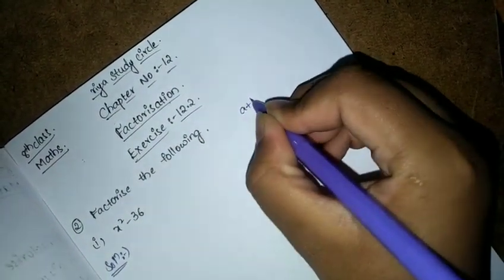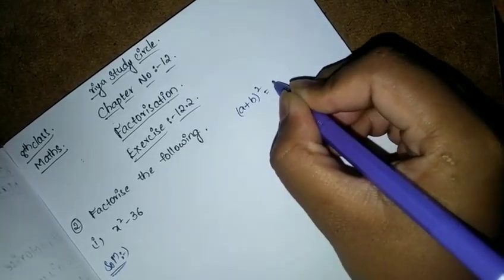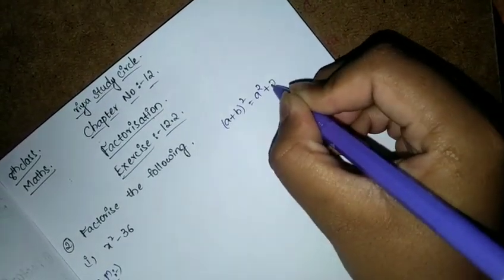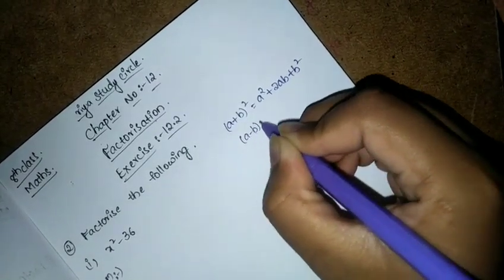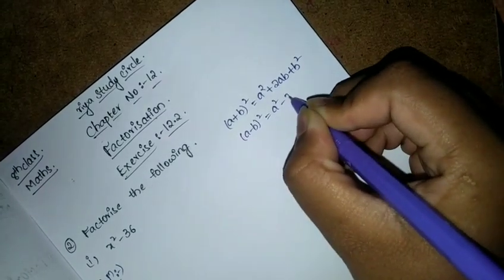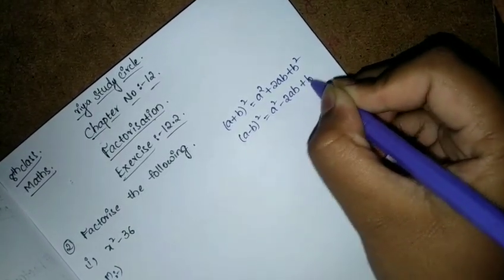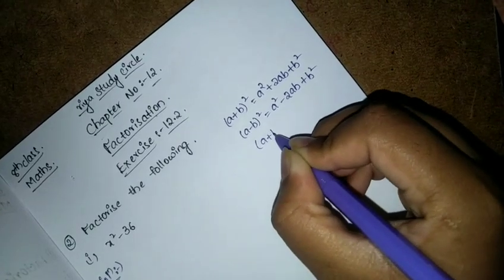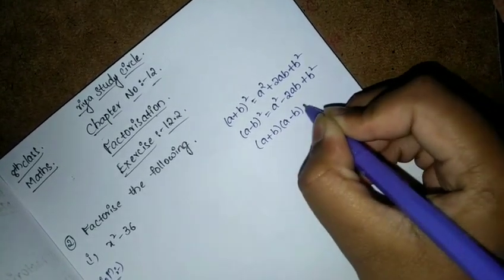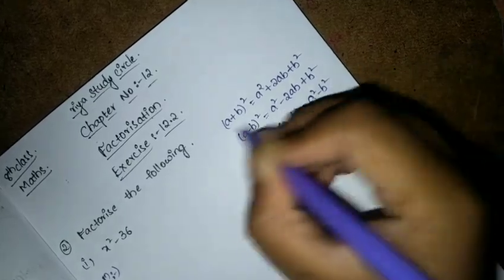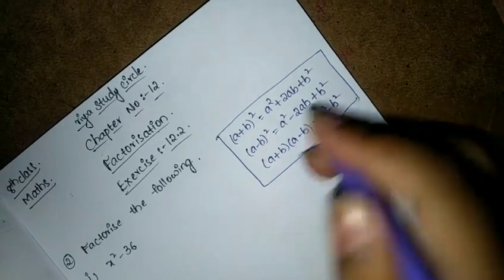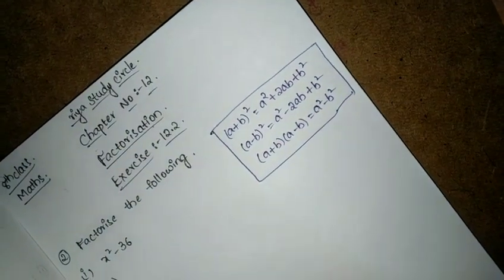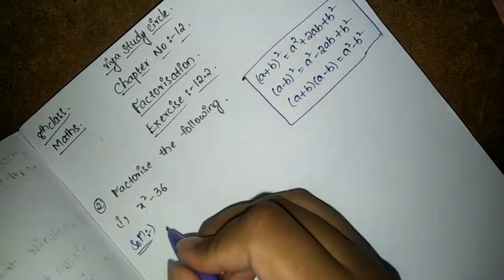So we have identities like (a plus b) whole square equal to a square plus 2ab plus b square, (a minus b) whole square equal to a square minus 2ab plus b square, and (a plus b) into (a minus b) equal to a square minus b square. So these three are our identities. So our problem is x square minus 36.